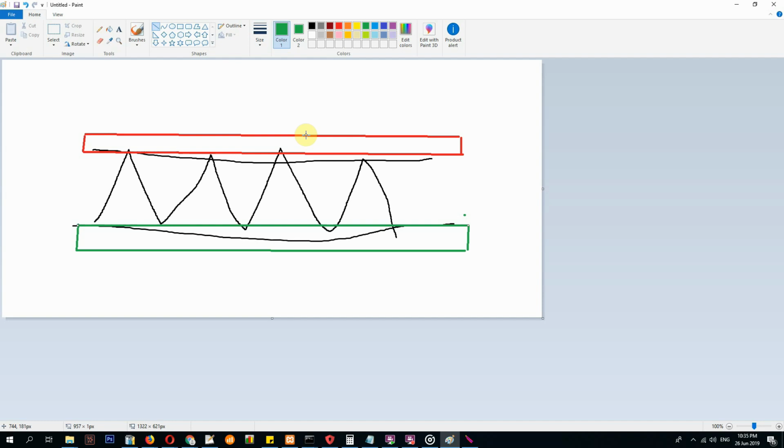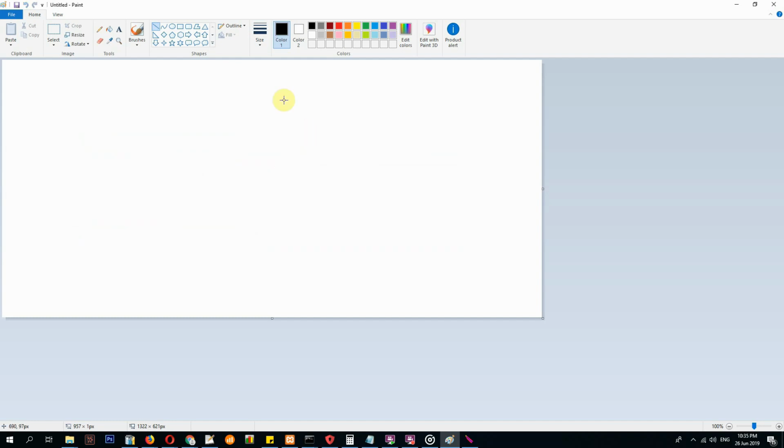Now just to let you be aware, say we have an uptrend, with impulse and retracement.